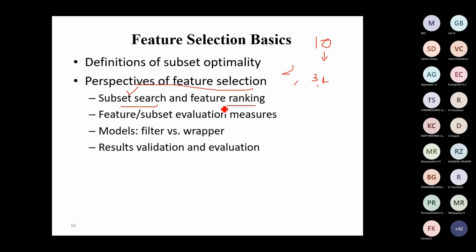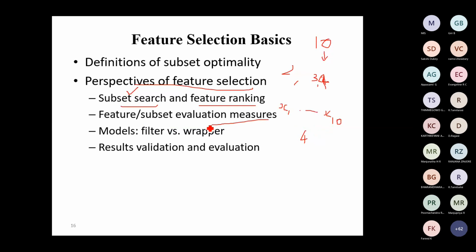And there is a feature ranking method, so we have to rank. Let us say there are several combinations of 4 features out of 10 features, x1 to x10. Let us say we want to select only 4 features. It can be any combination of 4 features. We have to rank the features, then select the best 4.